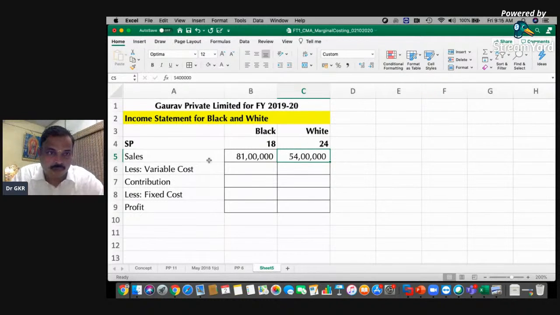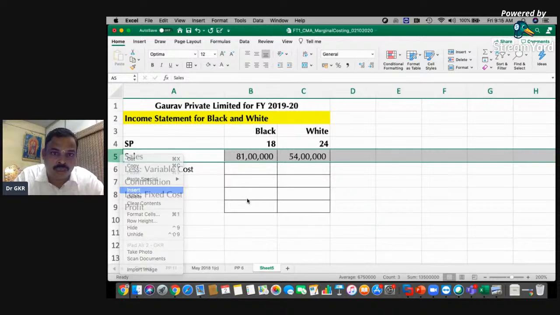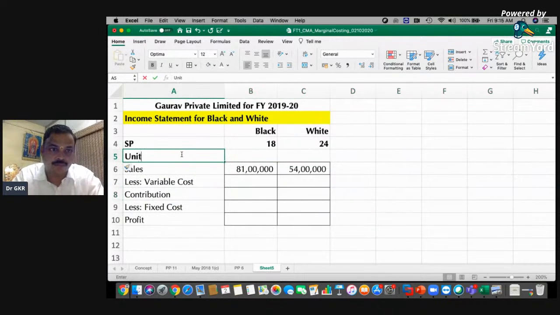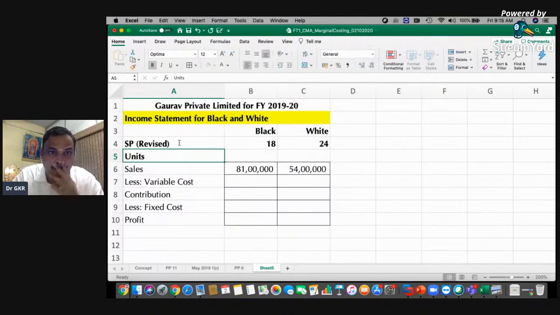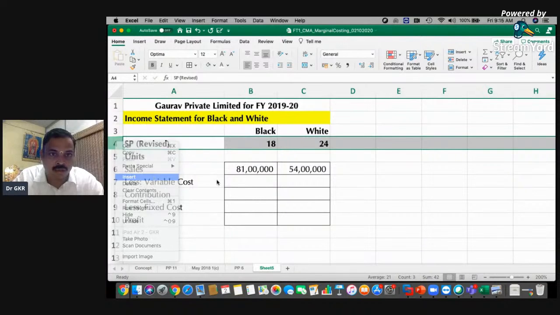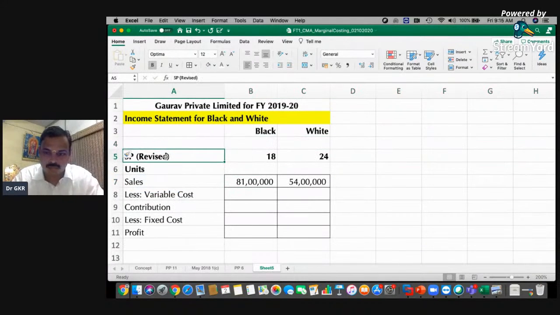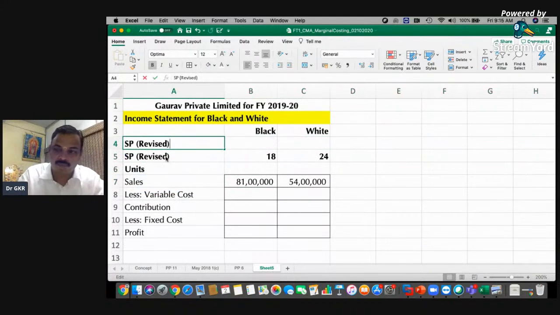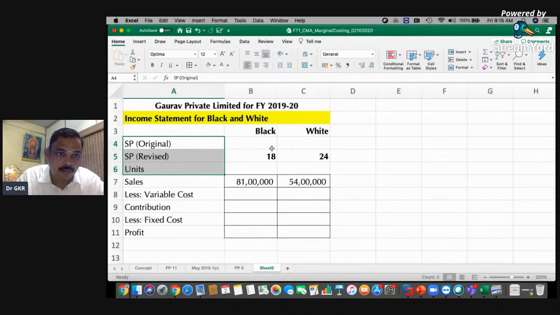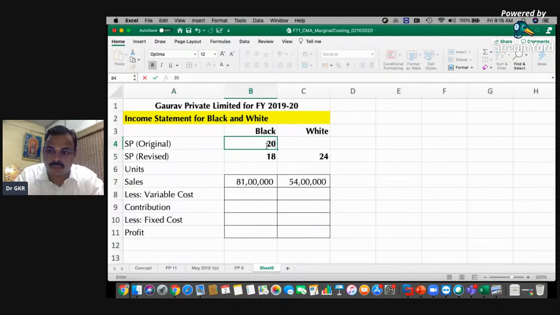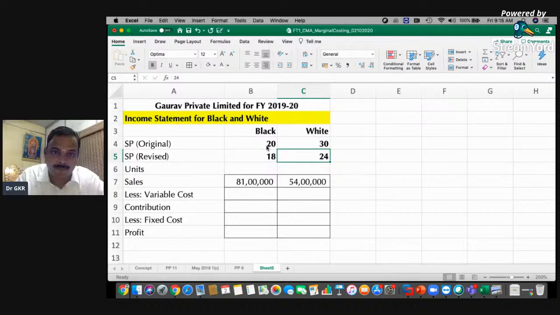So now, once you know the selling price, you can also find the units. So selling price, I'll call it as revised selling price. If you want the original selling price also, you can keep it on top. So what is the original selling price? 20 and this is 30.